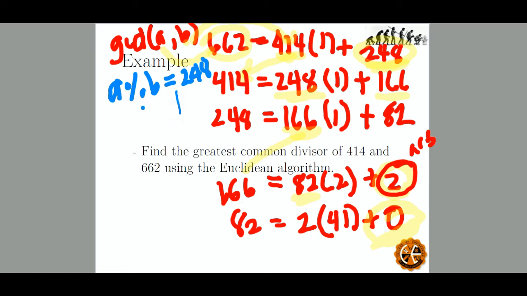Say our B was assigned to A, and that is this previous B, 414, became A, and the remainder, which is the modulo, this is the remainder, became B.